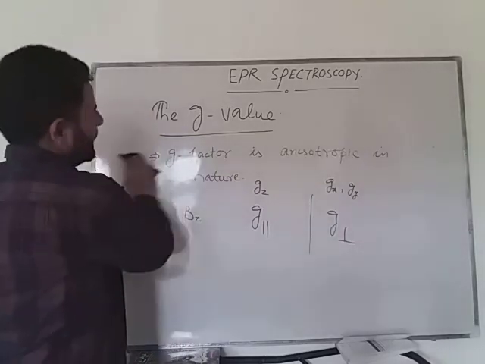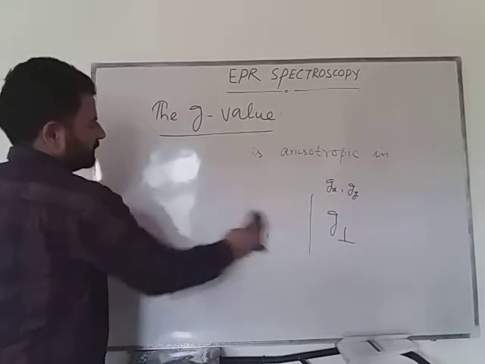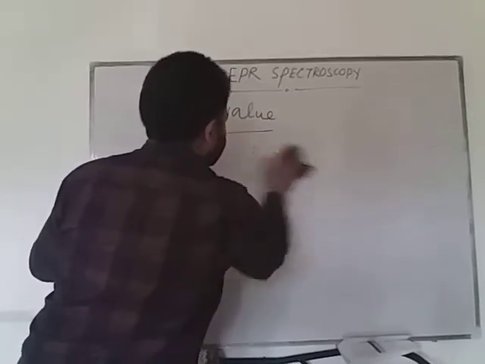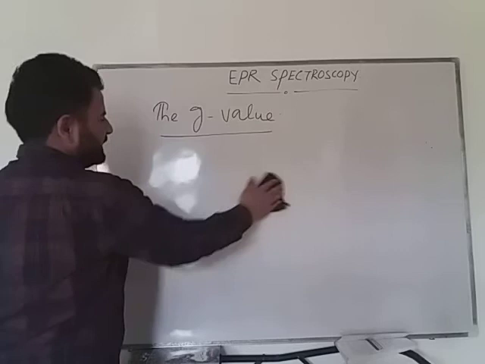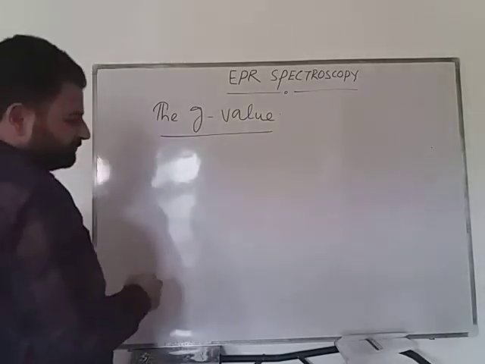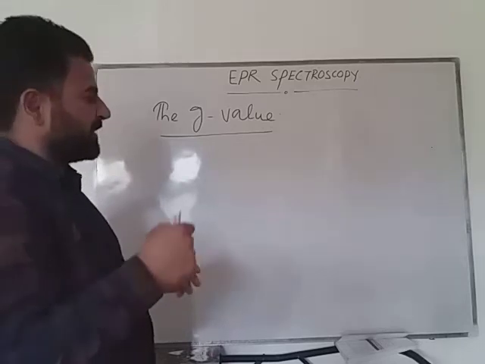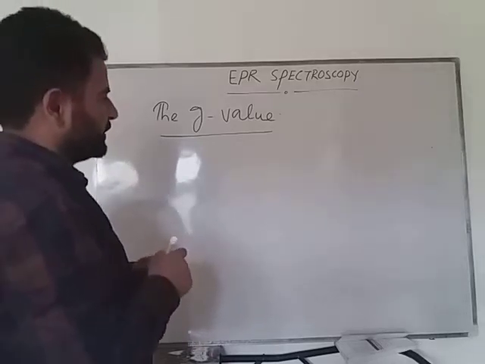So it means that the value of G actually depends on the electron density along that very coordinate axis from which we are measuring it.